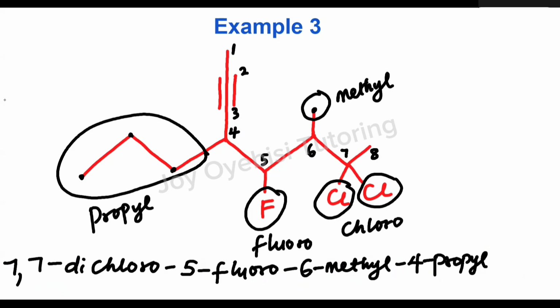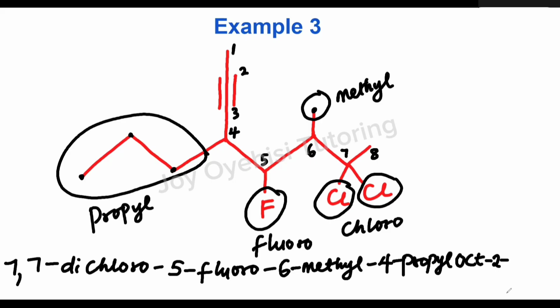Once we finish naming the substituents, we're going to name the parent chain. We have 8 carbons as our parent chain. That is oct. And then the triple bond starts from carbon 2. That would be 2.